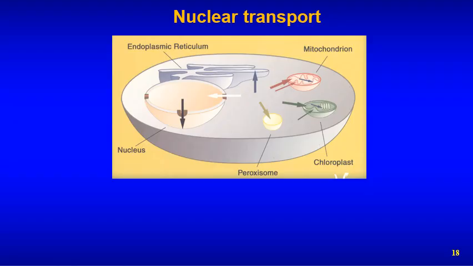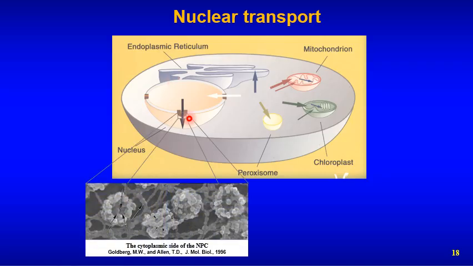All right. So now we are looking at another type of transport, and this one is nuclear transport. It is another example of a double membrane organelle. Now let's see what the nuclear pore looks like, because most things that go into the nucleus have to go through the nuclear pore complex.